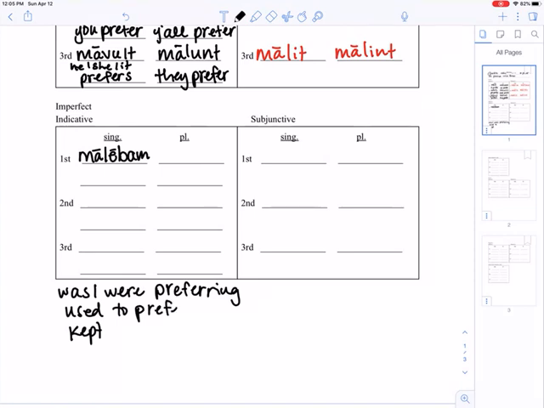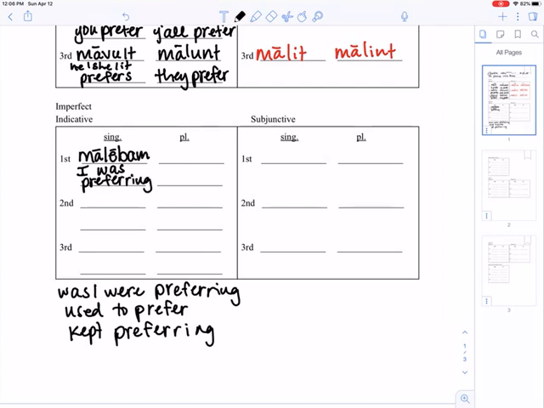Used to prefer, that doesn't actually change, and kept preferring. I apologize, it's Sunday morning and I apparently have not had enough caffeine. So again, malebam, I'm going to say the was or were preferring. So I'm going to say I was preferring.